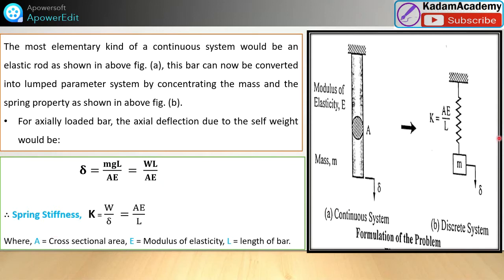How to find this K? We can find W by del, that means AE by L. Here W gets cancelled and AE by L remains, from the cross-sectional area, modulus of elasticity, and length of the bar.